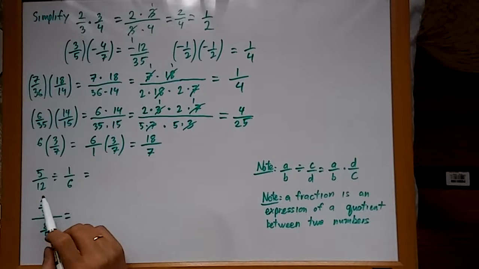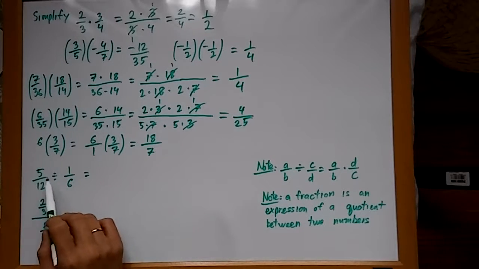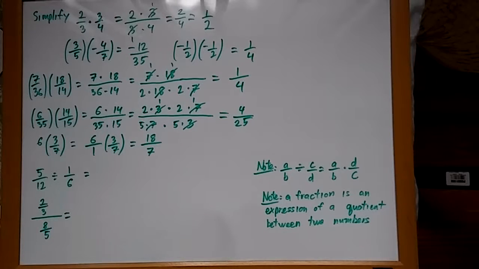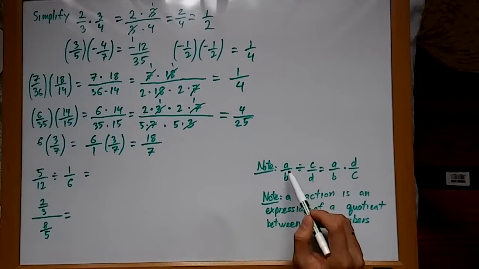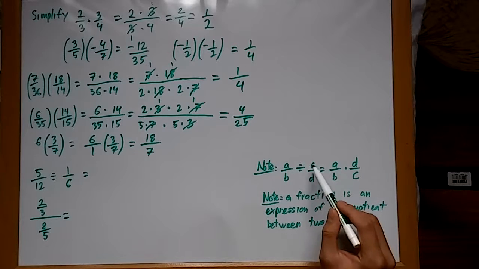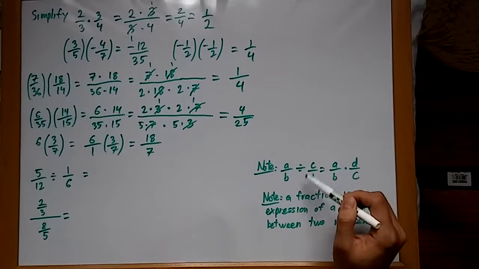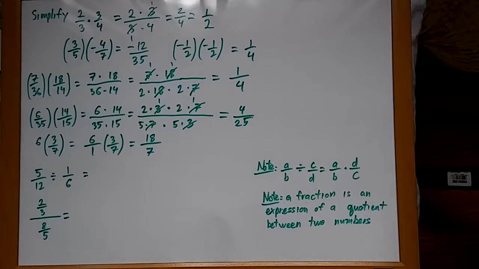Now we first look at division of fractions. So here we have 5 over 12 divided by 1/6. And I want you to look at this note here, that whenever a fraction a over b is divided by c over d, you simply flip the second part upside down and turn this into a multiplication.